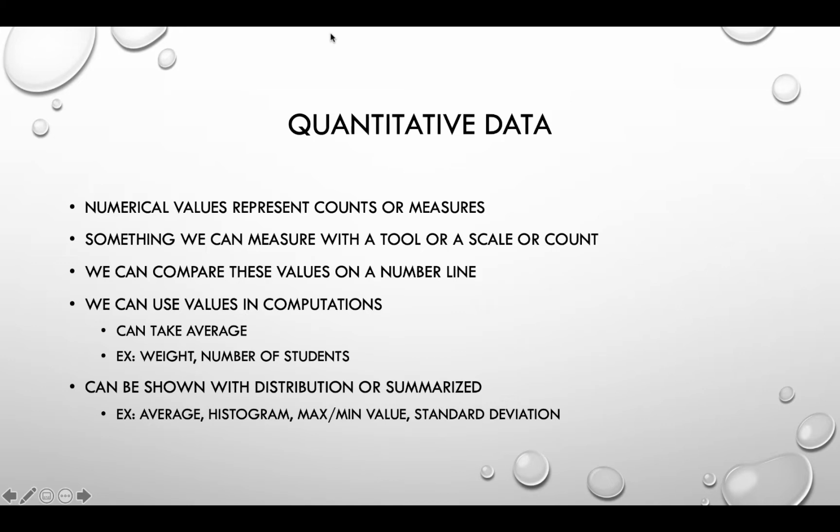All right, and the key with quantitative data is that we can show it as part of a distribution, we can summarize the data. This is in the realm of descriptive statistics. And so we can calculate averages, we can do a histogram, we can mark maximum and minimum values, we can calculate something called the standard deviation that I'll be going much more into next week.